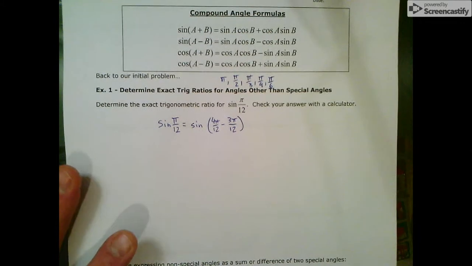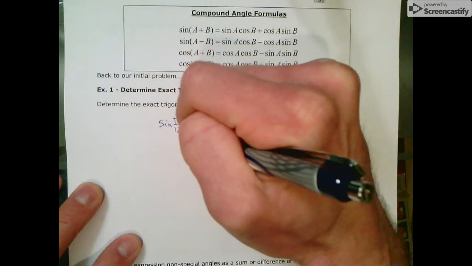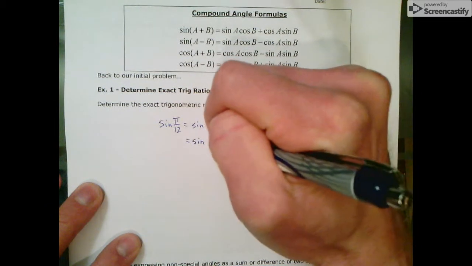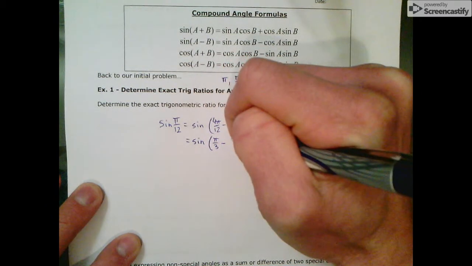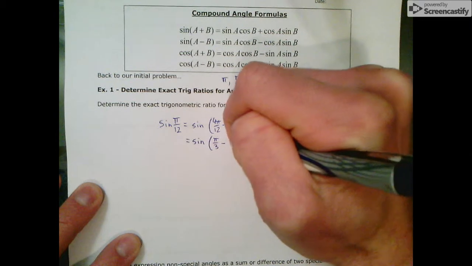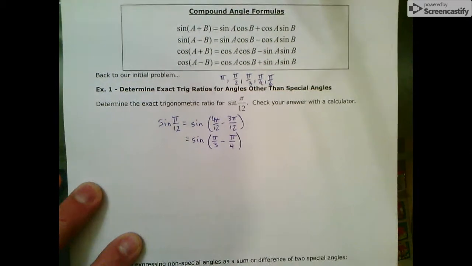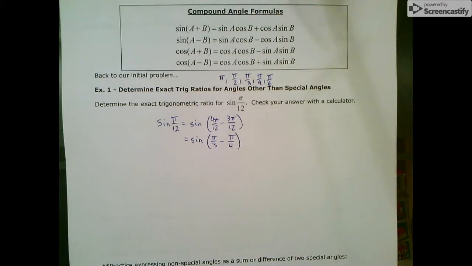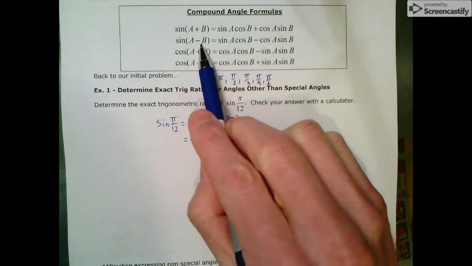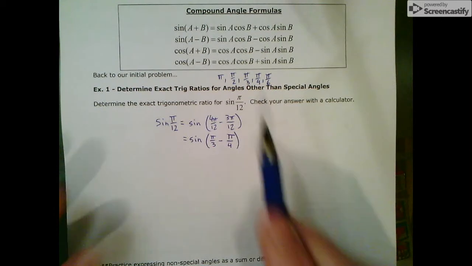I chose those numbers carefully because they reduce nicely to the sine of pi over 3 minus pi over 4. Well, luckily enough, we have an identity for the sine of a difference of two angles. It is right over there. And we are going to apply it now.